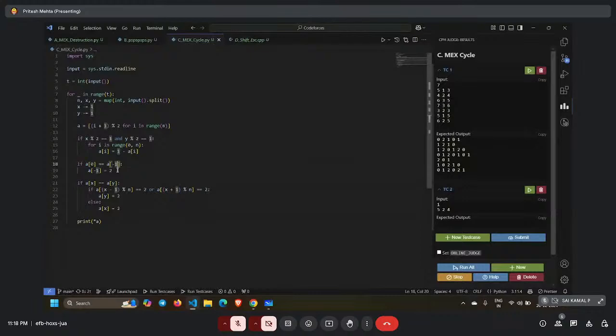Now suppose if ax is not equal to ay, then we have to do nothing. But if ax is still equal to ay, then we know at least one of them must be 1. If any of them is adjacent to 2, then we won't change that element, else we can change arbitrarily any of them without loss of generality.